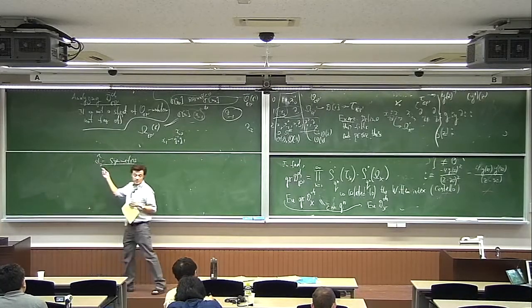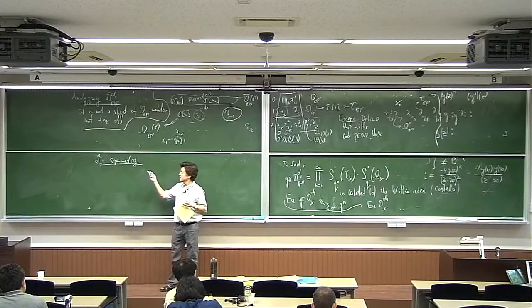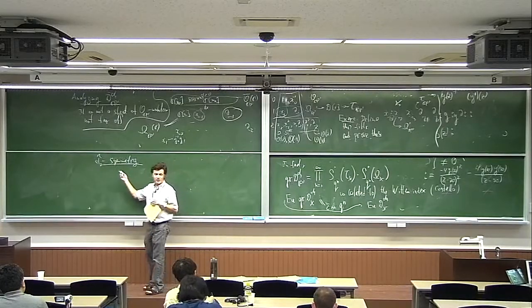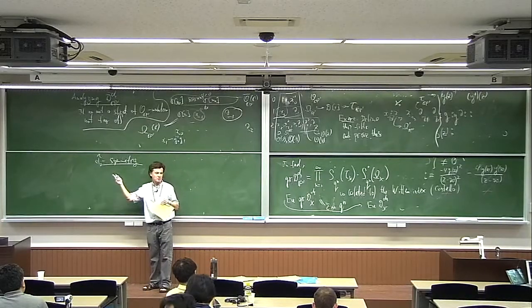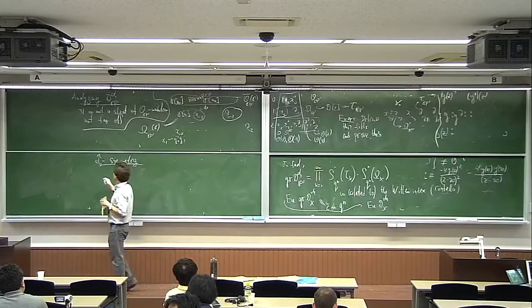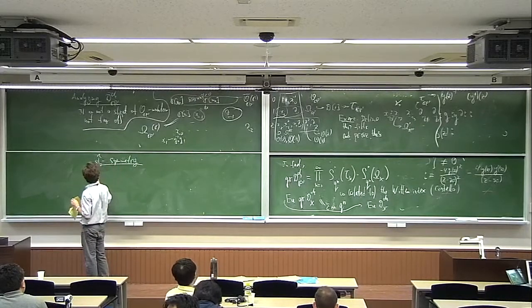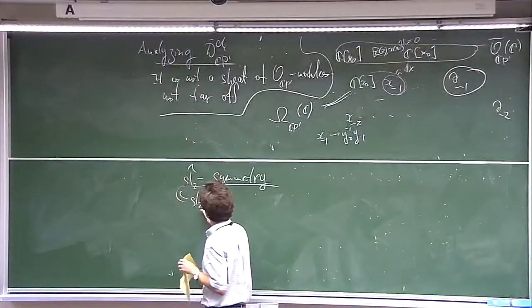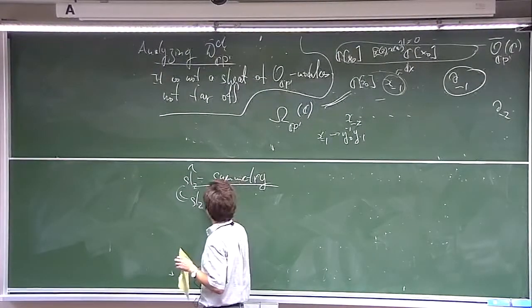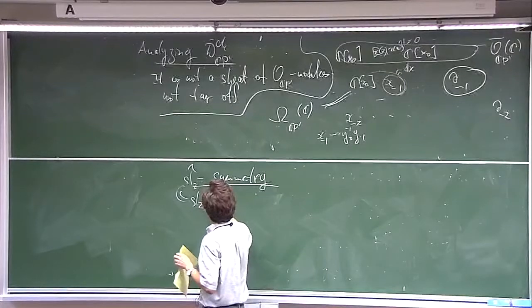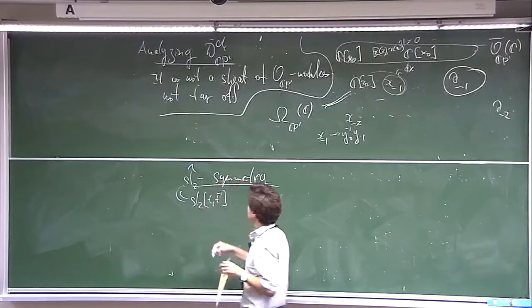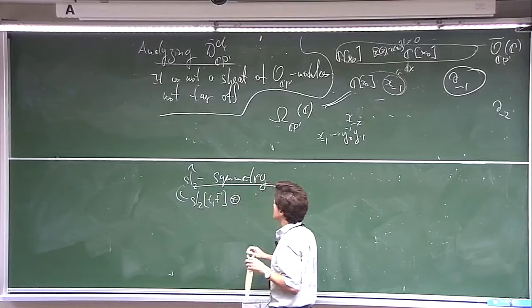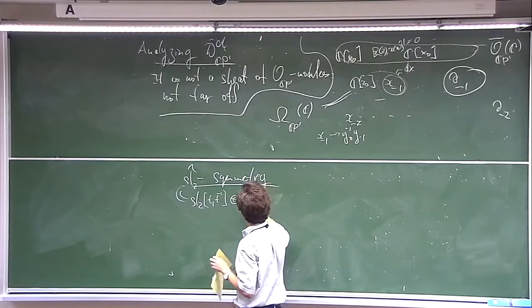There is a vertex algebra attached to SL2 hat. Do I have to remind you what SL2 hat is? Probably not. So it's a central extension of the loop algebra. It all depends on your point of view whether or not you want to complete, but it's not very important for my present purposes.